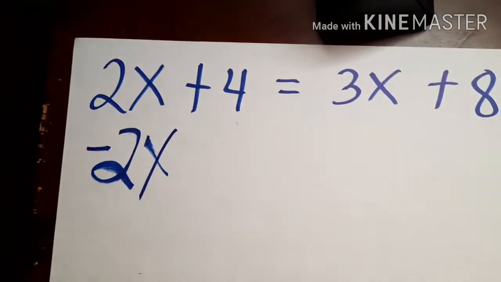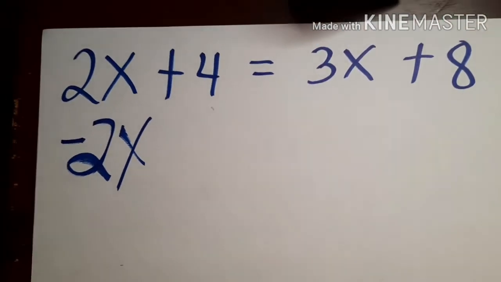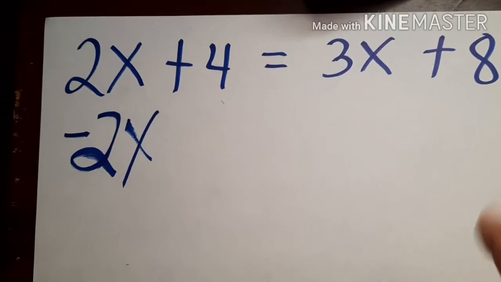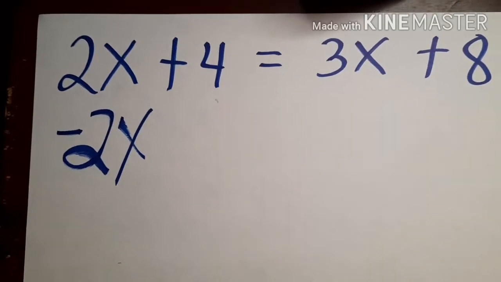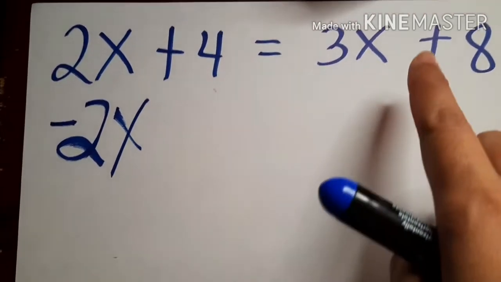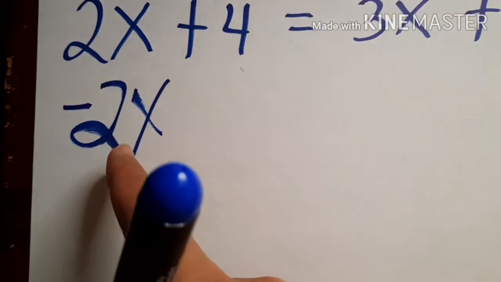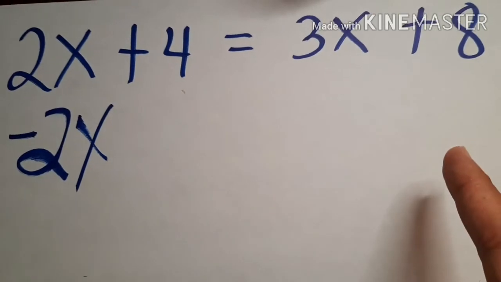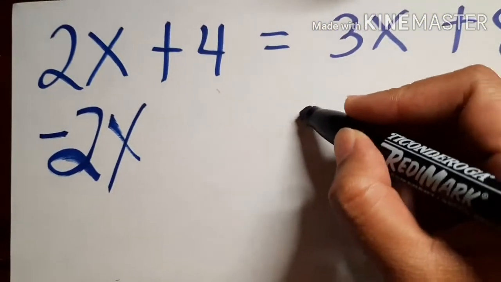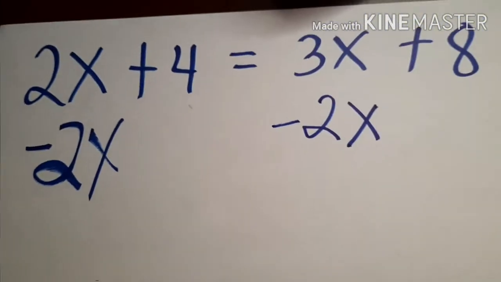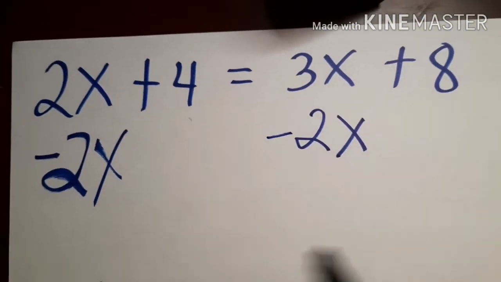Remember also, guys, that I could only subtract or add to common terms or like terms in here. Okay, and whatever has been done on the left side will also be done on your right side. So in here, I'm going to subtract 2x also. So what's left now?